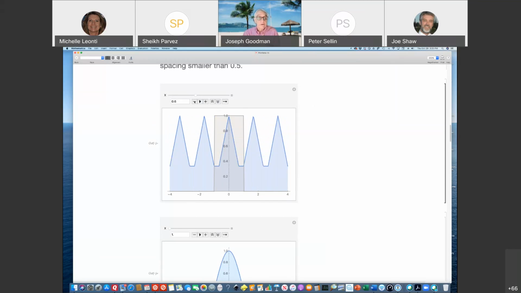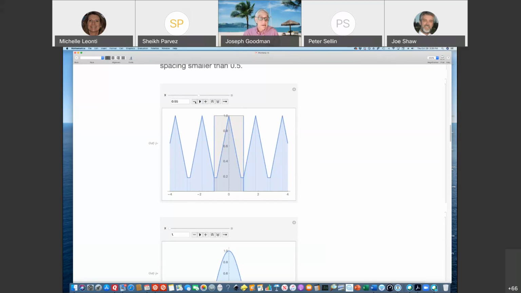A rectangular filter is picking out the central island here, but it's not a full triangle function. It's got this baseline here because of the overlap of these triangle functions. So we'll keep decreasing the sample spacing until we reach 0.5.